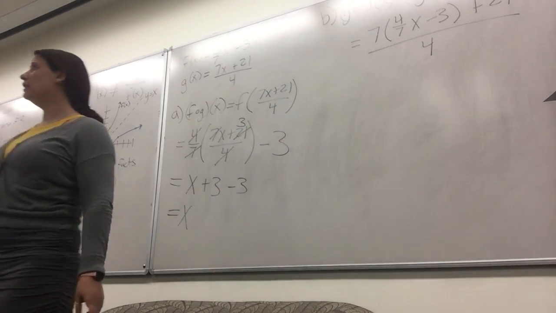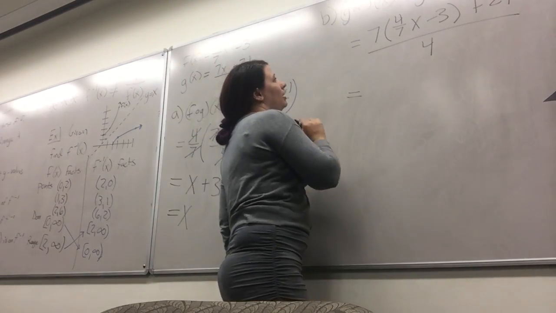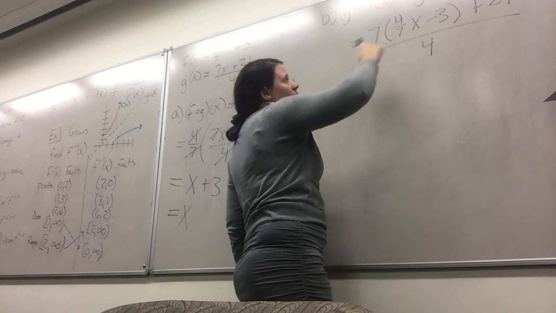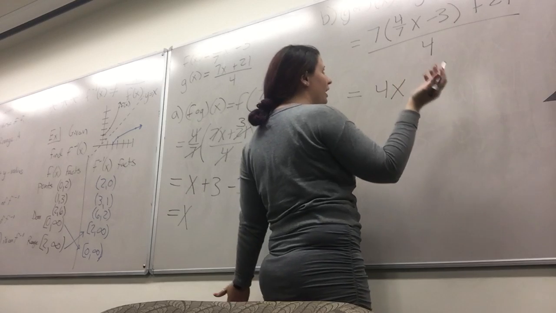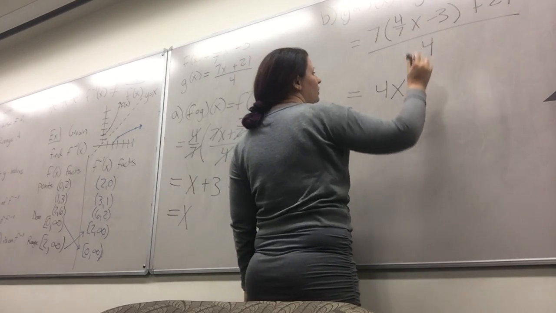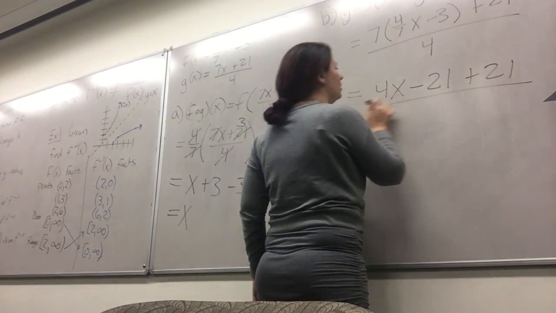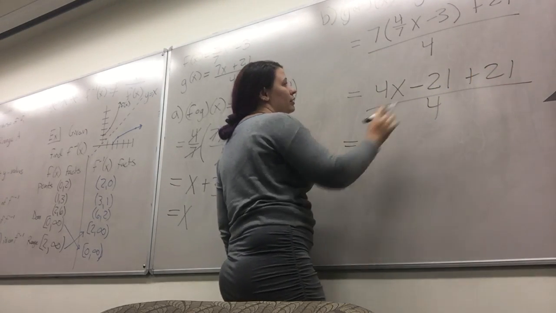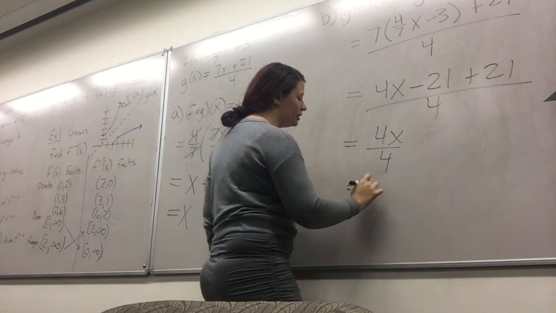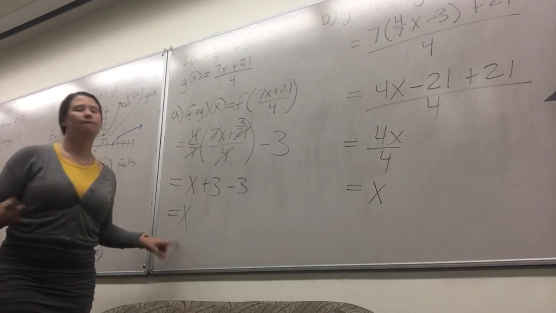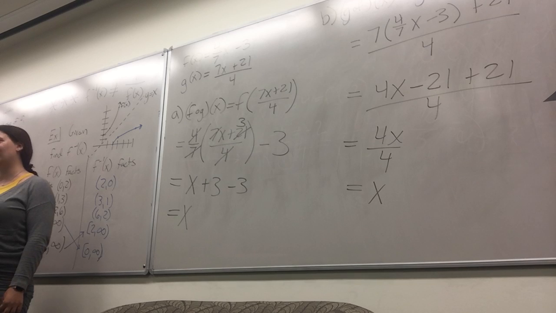Okay, so, let's simplify. When we multiply 7 times 4 sevenths, it's just 4, 4x, technically. Then 7 times minus 3, minus 21, and then still plus 21, all over 4. So then the 21s cancel. We're left with 4x over 4, which is x. Huh, we got x for both of these. That's kind of strange, right?